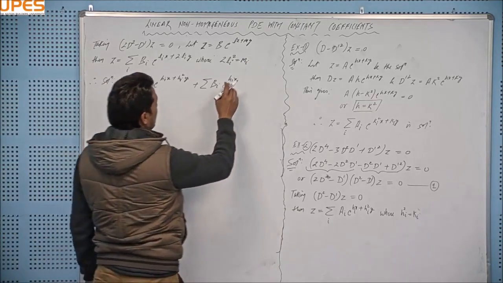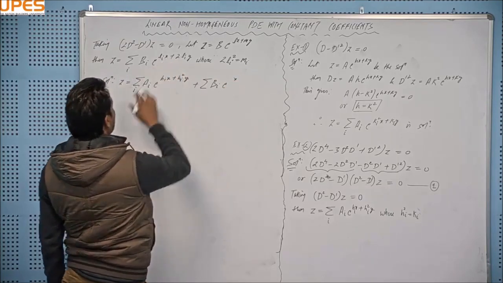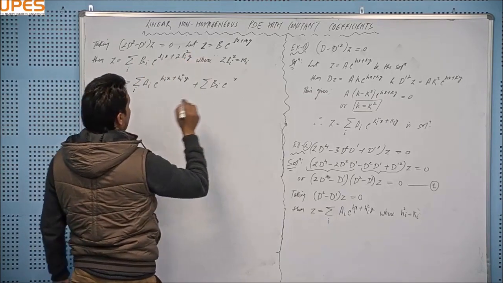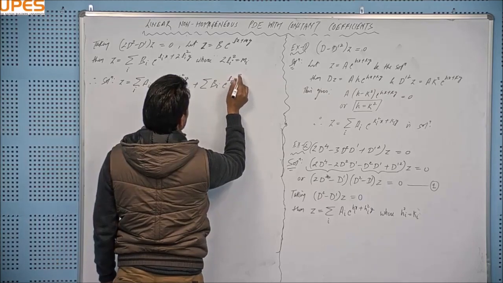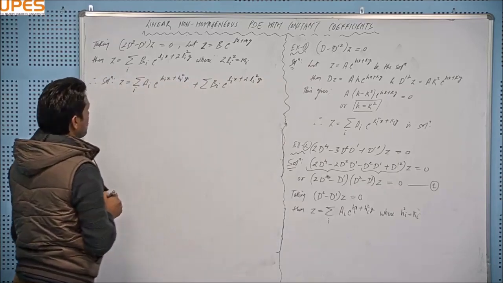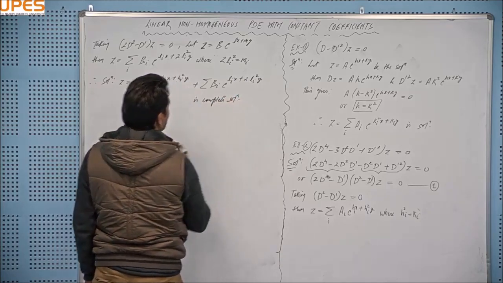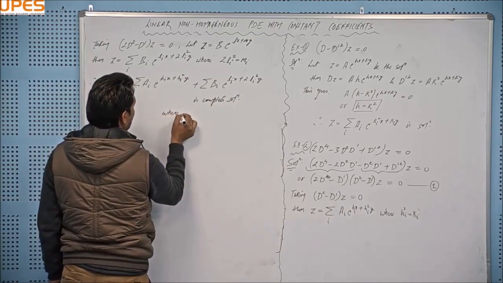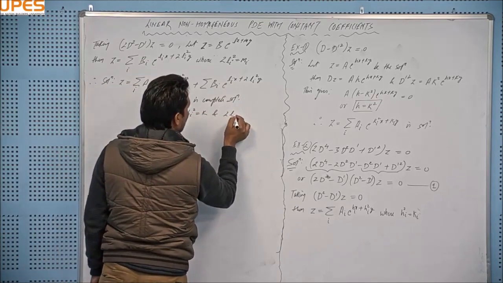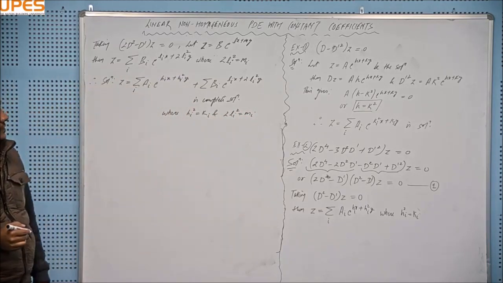Then it will be summation B_i e to the power L_i x plus 2 L_i square y. This will be the complete solution, where h_i square is equal to k and 2 L_i square equal to M_i. These are the conditions.